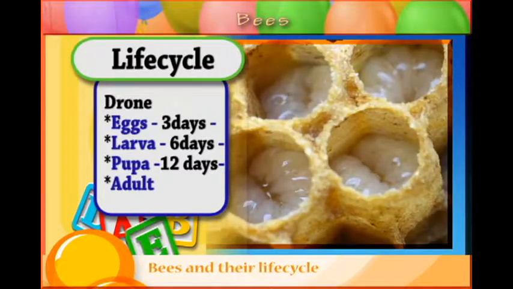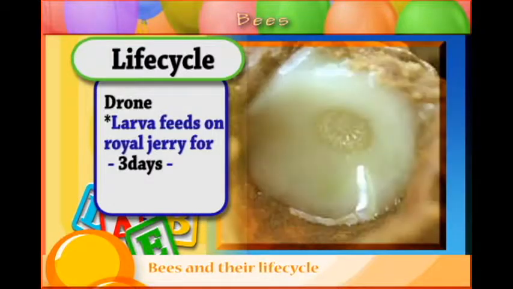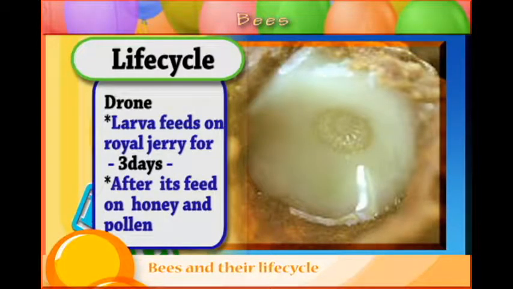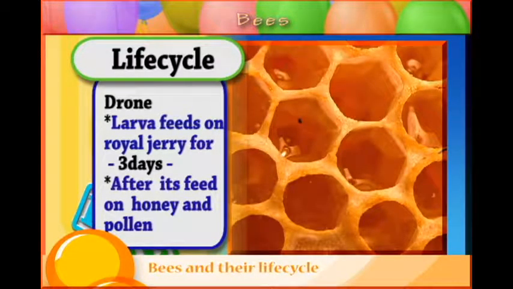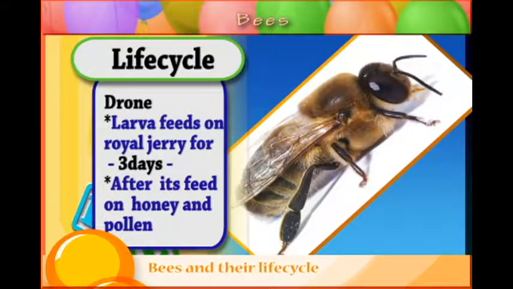The larva is the feeding stage of the bee. It feeds on royal jelly for the first 3 days, and then after that it is fed on honey and pollen. So that one is going to turn into a drone.